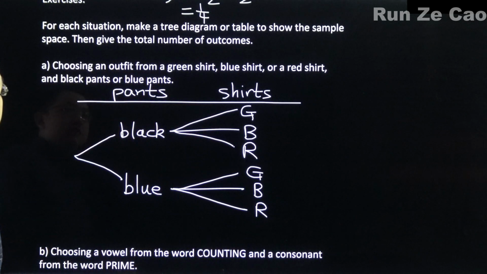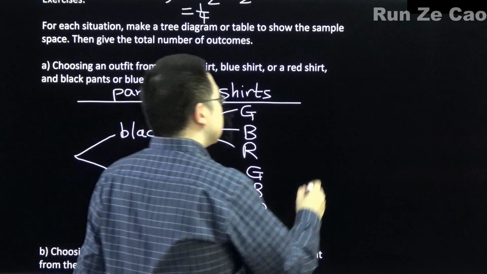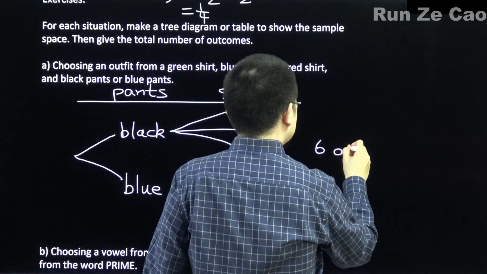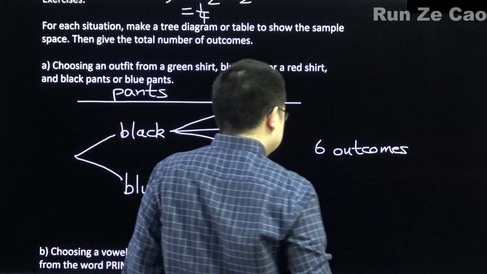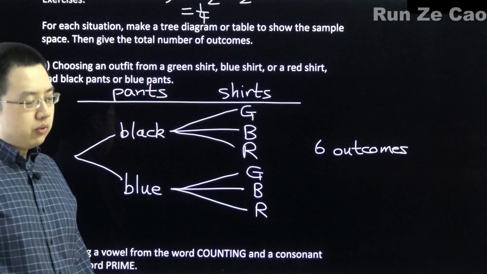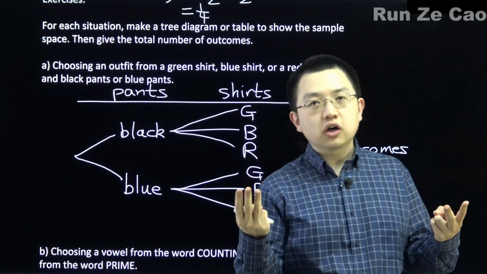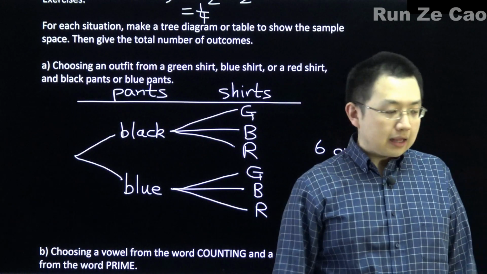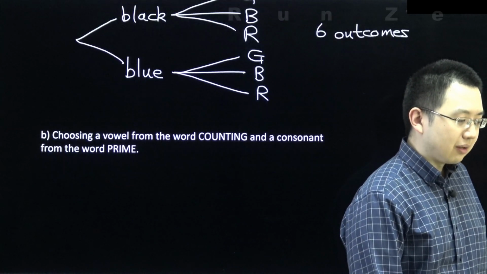So, in total, there are how many outcomes? There are 6 outcomes. We could have found this from going, oh, we had 2 choices for pants, and each of them has 3 choices for shirts, therefore we just multiply. Yeah, that's what we'll do a little later when we get to the counting principle.